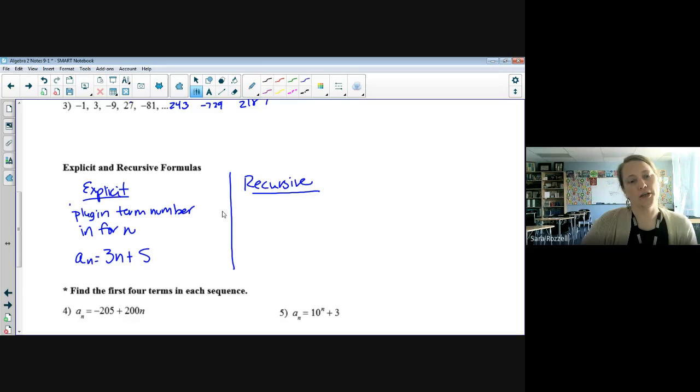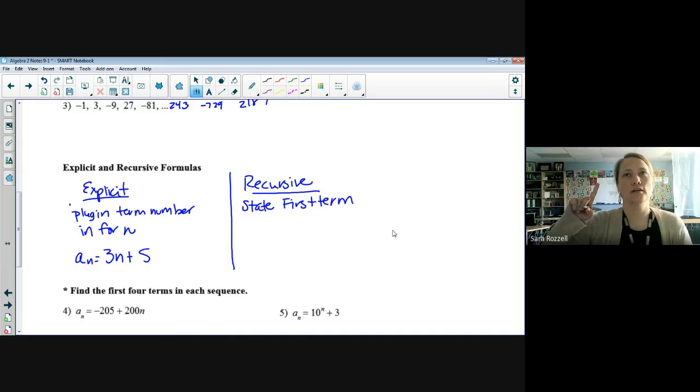And recursive formulas, they state the first term. Do y'all remember our notation for first term? A sub 1. So they state the first term, which is a sub 1.